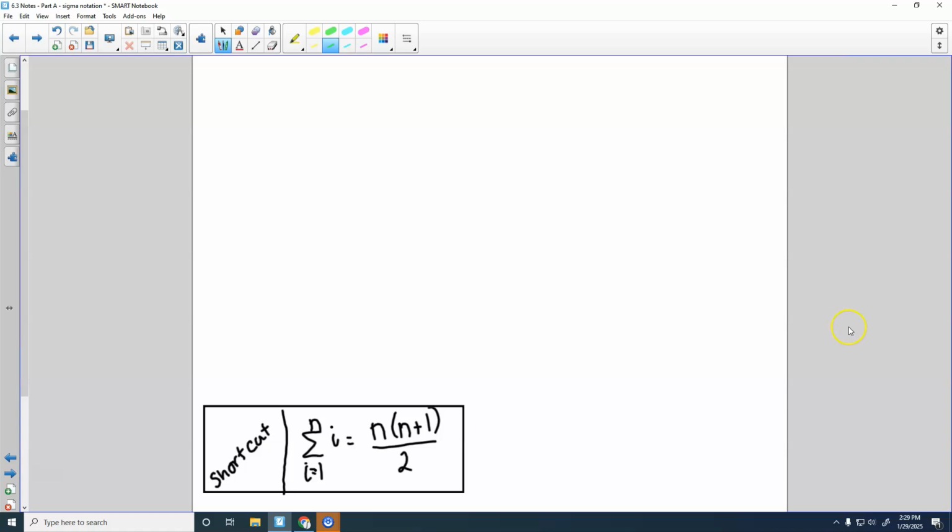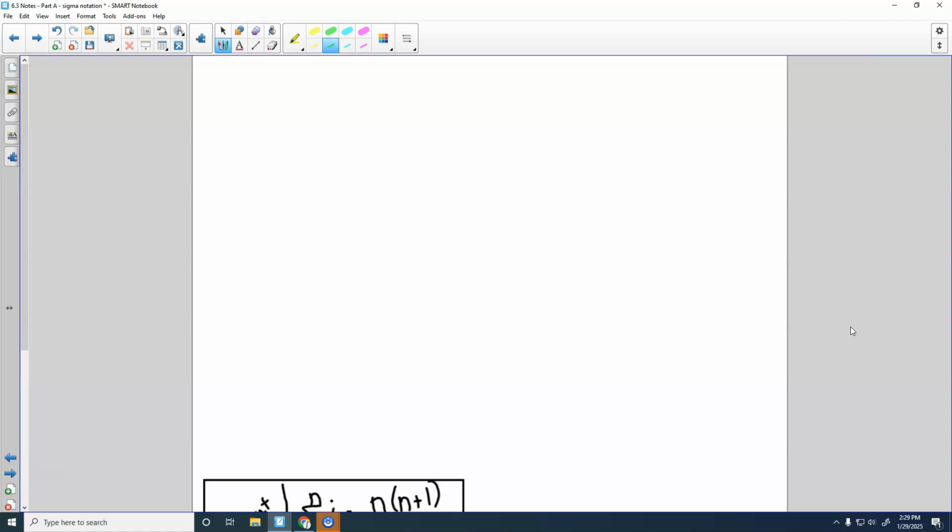Okay, so let's think about doing that. Let's think about adding all of the numbers from 1 to 100. If I'm going to add all of the numbers from 1 to 100, I would have 1 plus 2 plus 3 plus, this is going to keep on going, plus dot, dot, dot, plus 99 plus 100.